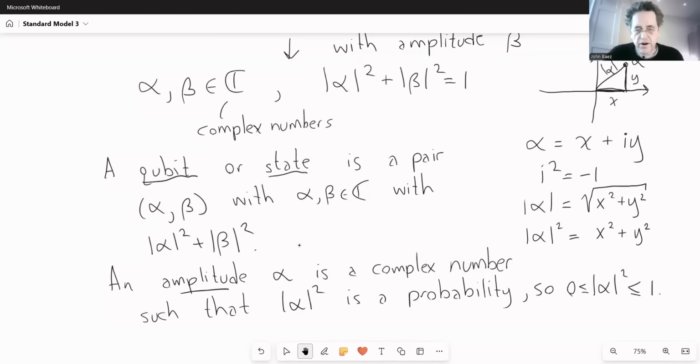So what we're doing here is we're taking a qubit, a pair alpha, beta, and then we take the absolute values of those and square them, and we require that it sums up to 1. And whoops, you see a typo here. This has to equal 1. That's what I was trying to say.